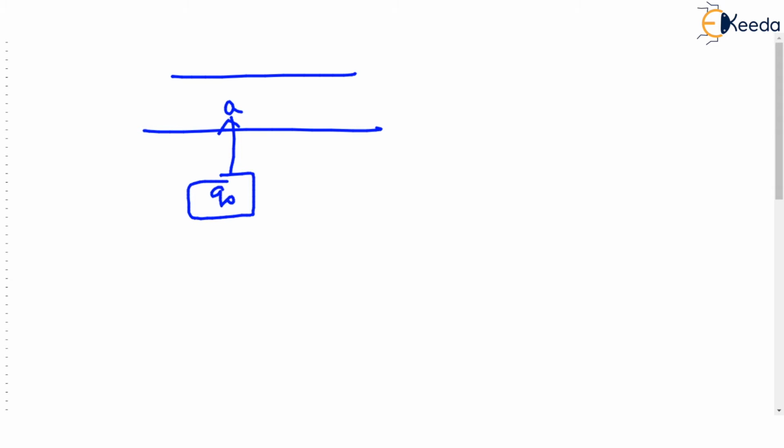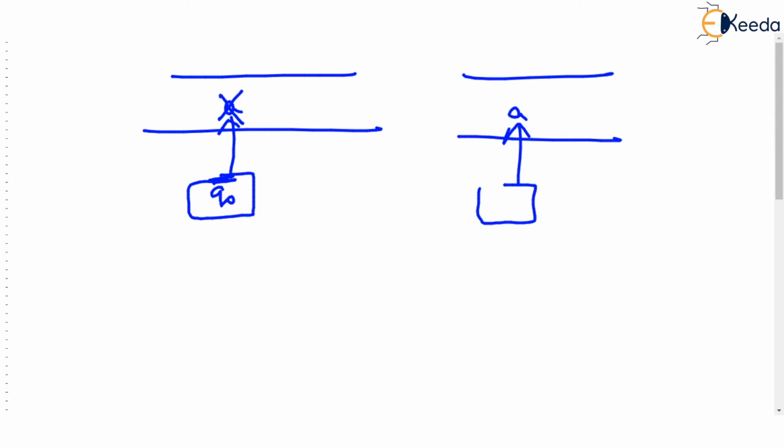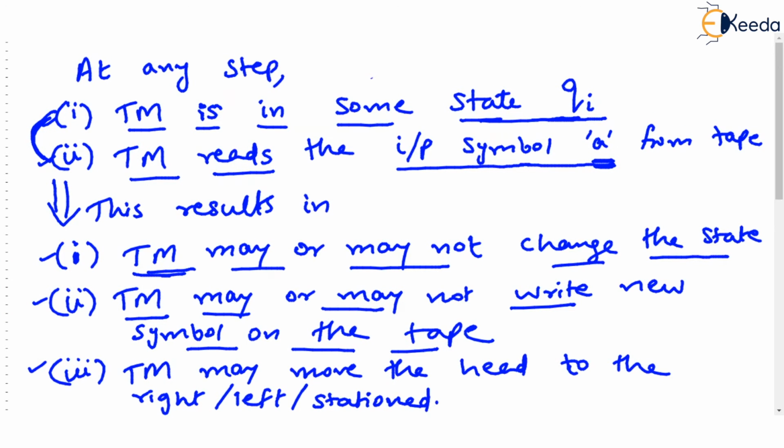This is how we show that the machine is in Q0 state and it is reading A. Then it may override this A with X, some new symbol, or in Q0 when it is reading A, it may keep this A as it is and just shift ahead. Now, whether to override this or not depends on our application, depends on our problem, but both options are open. As a designer of Turing machine, you may write a new symbol or you may keep the symbol as it is.